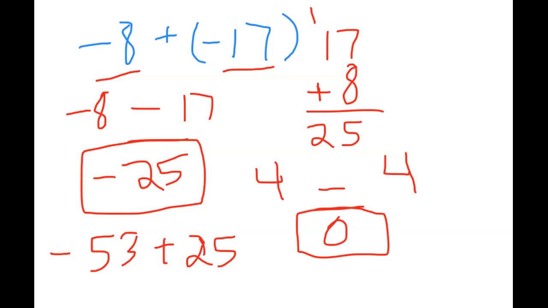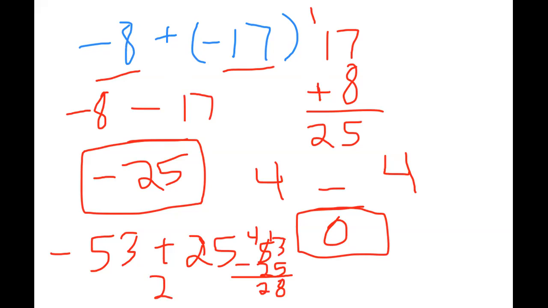Then I'd have to do 53 minus 25. And then I can't do 3 minus 5 either, so I have to borrow from the 5. So I have a 4, and then I'll have 8 for this column here. I have 2 here, so I'll have 28.